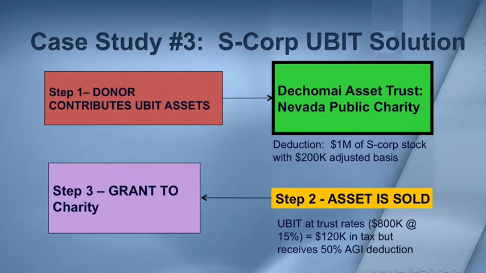The same $900,000 of gain that the corporation would have, the $100,000 basis to the $1 million of shares, the same $900,000 of gain must be recognized at the trust level. But long-term capital gains are taxed at individual rates within trusts. So that's arbitrage number one.